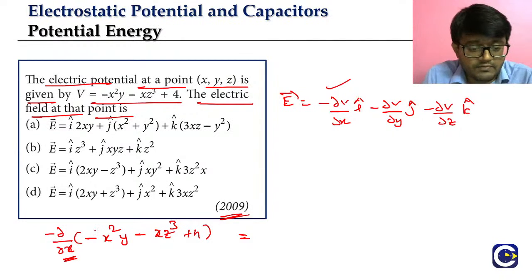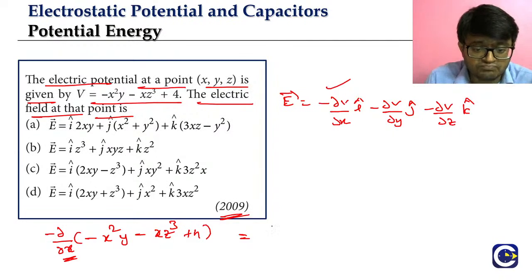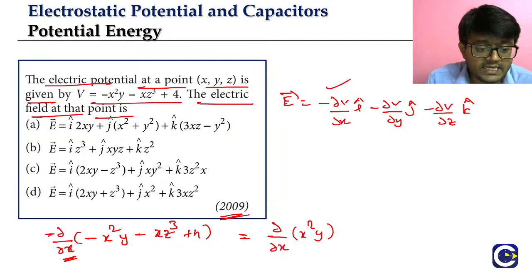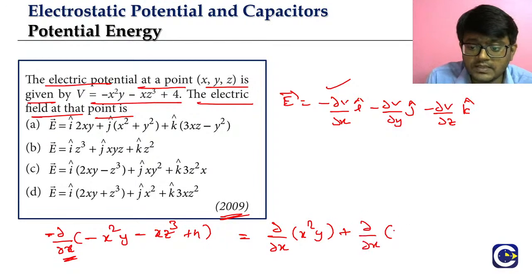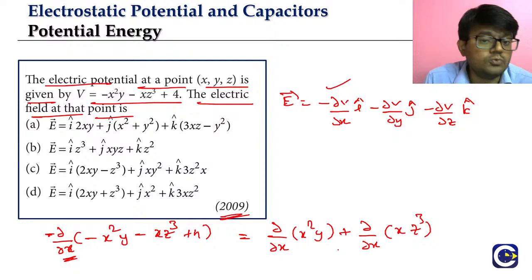Now we will split the terms. Minus into minus will be plus: first term, x square y. Second term, minus into minus will be plus xz cube. Third term, minus into plus will be minus.